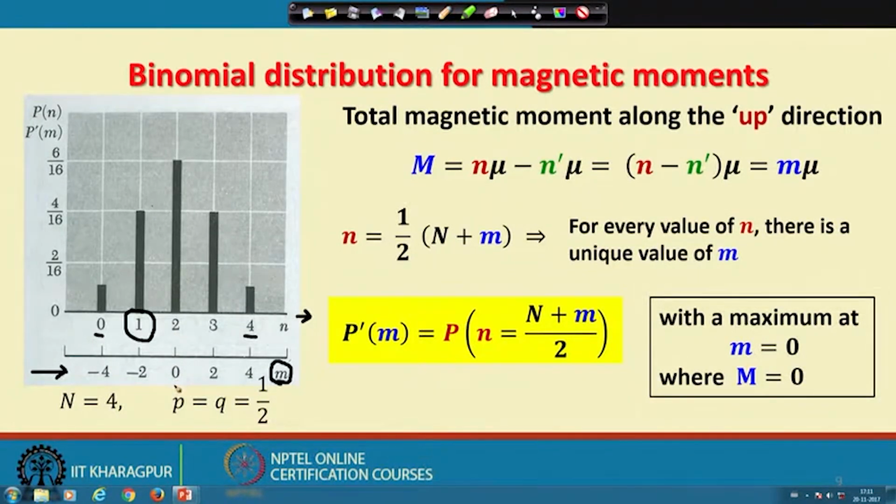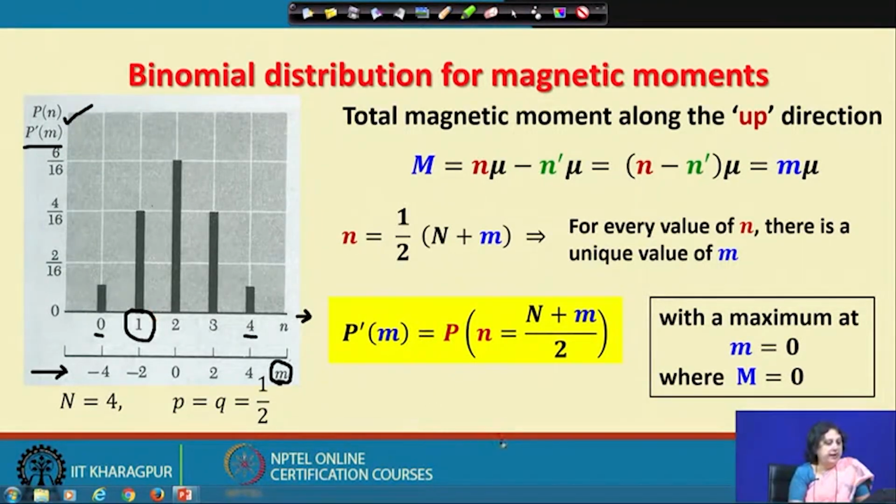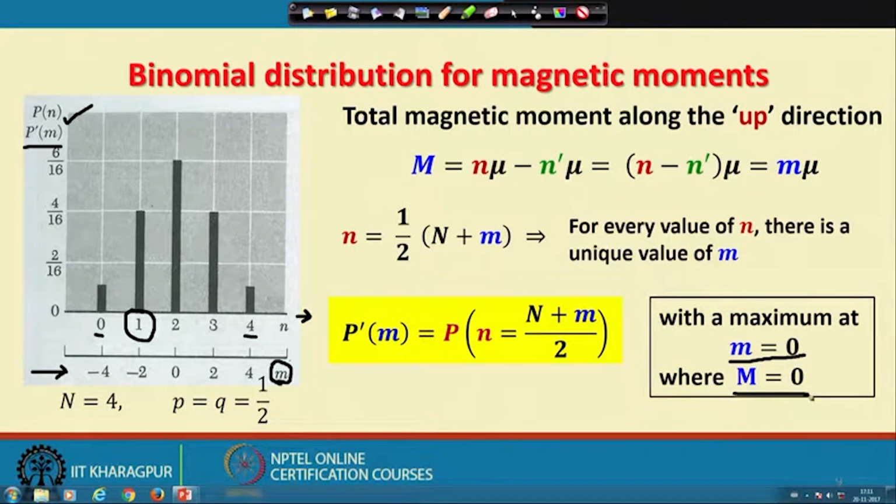This way one can map the original P of n onto P prime of m, and they exhibit the same behavior, with a maximum now located at small m equal to 0, where the net magnetic moment vanishes.